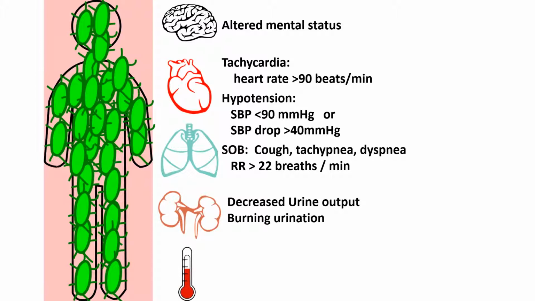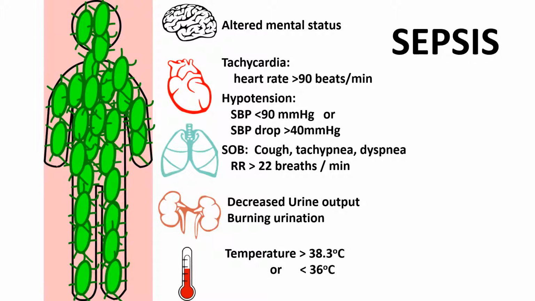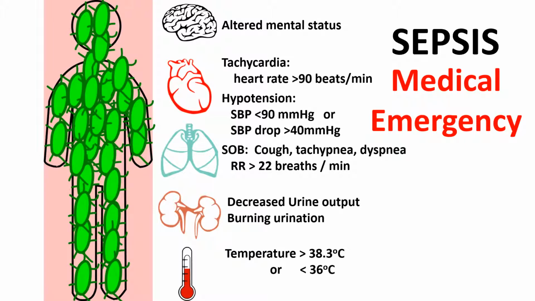And of course, at the end, the temperature may be very high, or some people, because they're not mounting an immune response since they don't have enough white blood cells, their temperatures could be low. And this is called sepsis. It is a medical emergency.